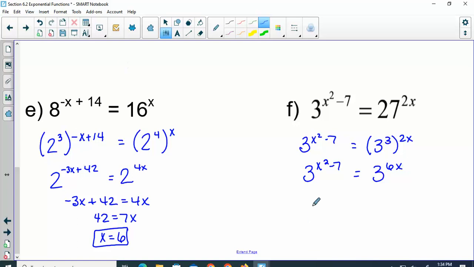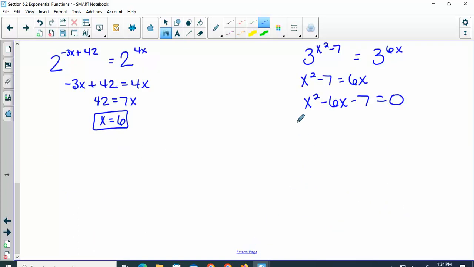So now we can set these equal to one another. Subtract over the 6x. It factors into x minus 7, x plus 1. So we get positive 7 and negative 1.